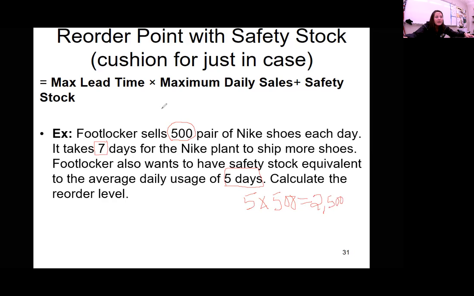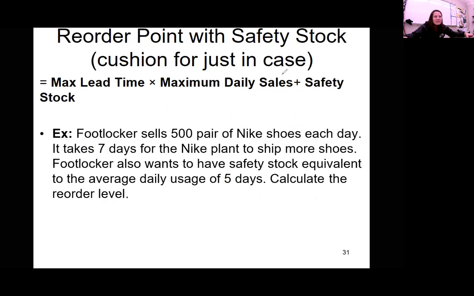So remember you did 500 times 7, and that gave you 3,500. So you're going to do 3,500 plus 2,500, and that'll give you 6,000. So if you want to order some cushion, some extra safety stock, just in case you've got a lot of sales, when your inventory gets down to 6,000 sneakers, you want to order some more.